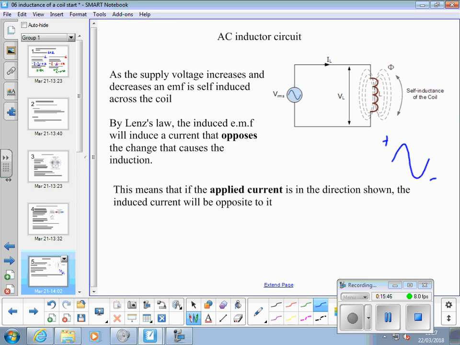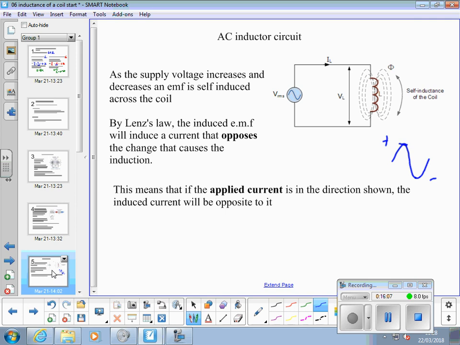So the field is building up as it rises to the peak, falling away, and then expanding again in the opposite direction to the negative peak and then falling away. So the flux is changing constantly in an AC circuit.